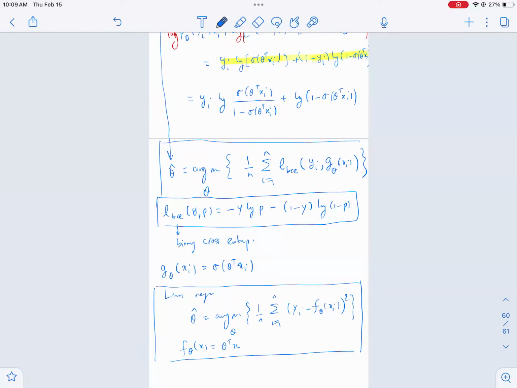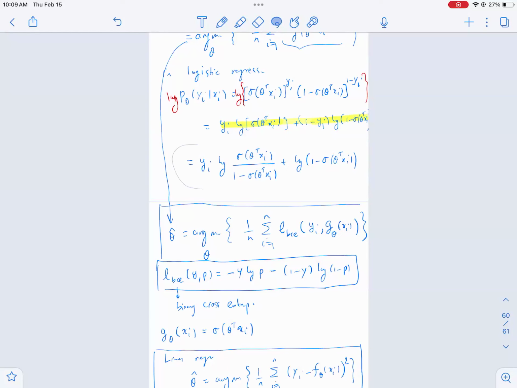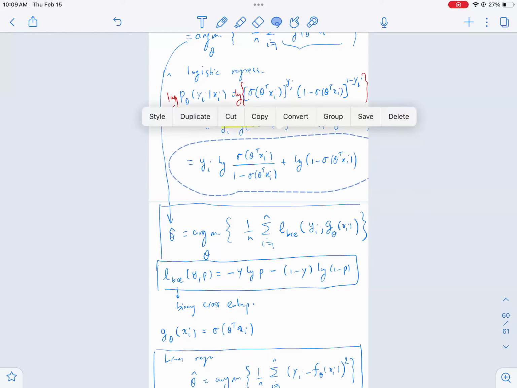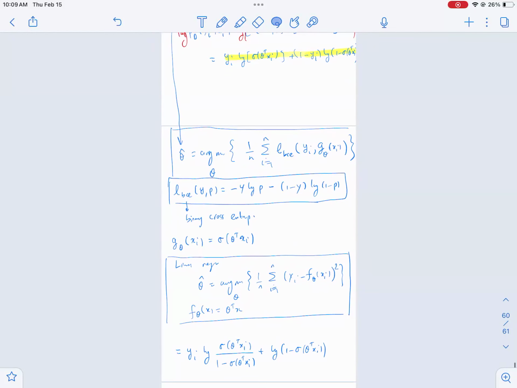Okay, questions? Back to the simplification. Is this so far clear?